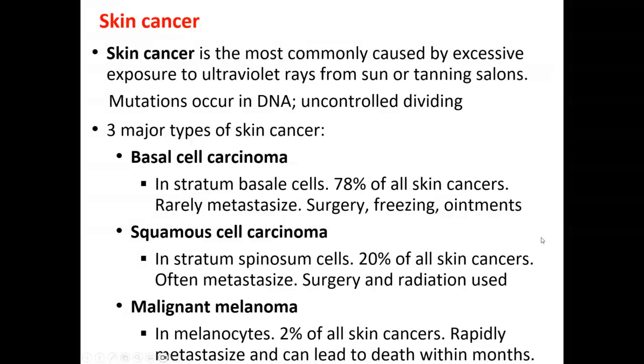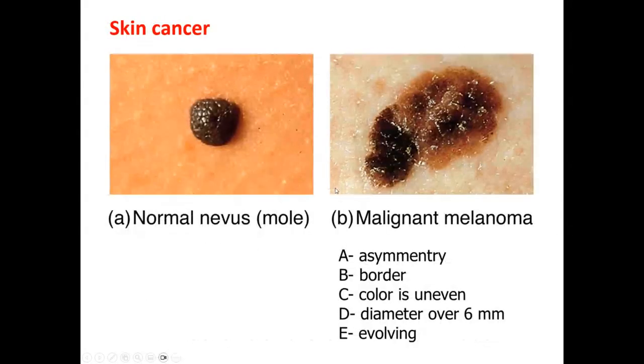So the melanomas are the ones that often are at the site of a mole. The word nevus just means mole. So a mole that starts out looking like this, if it changes, now it's looking like this, that needs to be checked out for melanoma.